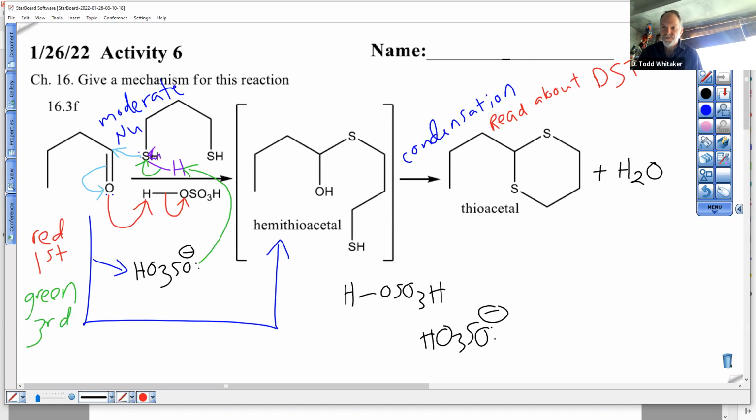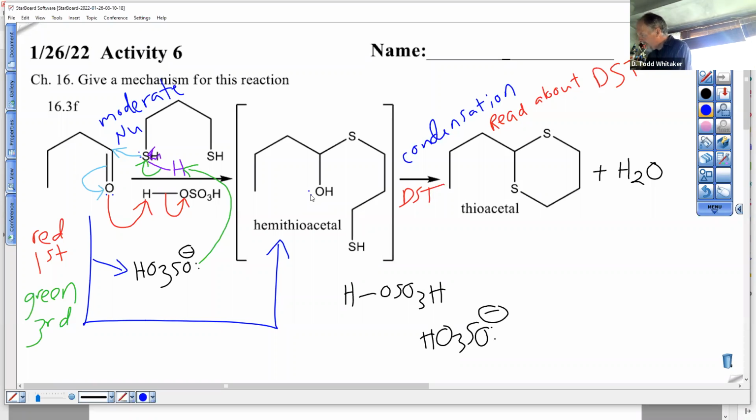There's an index for the textbook. If you read chapter 16, these initials will be encountered multiple times. So that's all I'm going to say about that. I'm just going to write DST here. It has nothing to do with the mechanism. It's just making the reaction happen more quickly. DST doesn't help with this step.